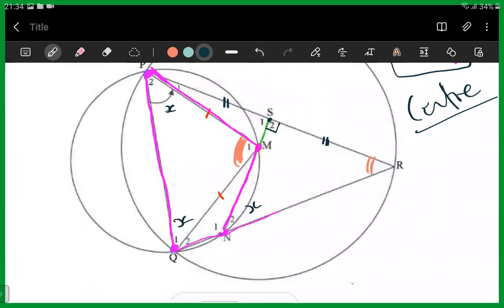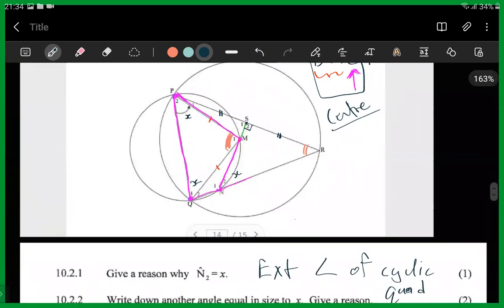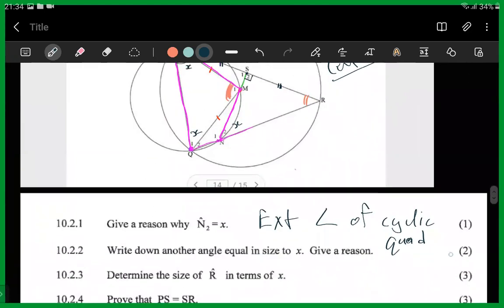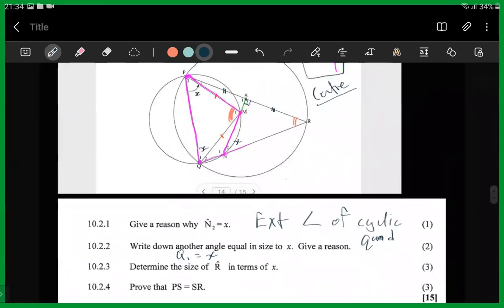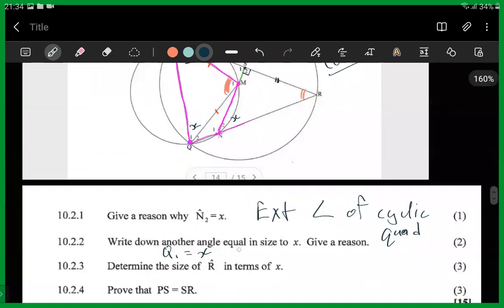Radii, yeah, we have to tell them that M is the center, so the radii are equal. So for 2 marks, firstly we have to say that Q1 is equal to X. Then the reason is base angles of an isosceles triangle.